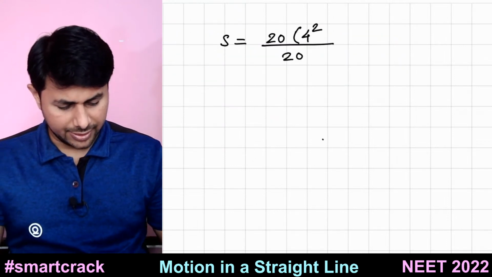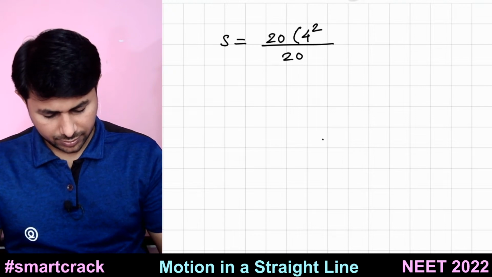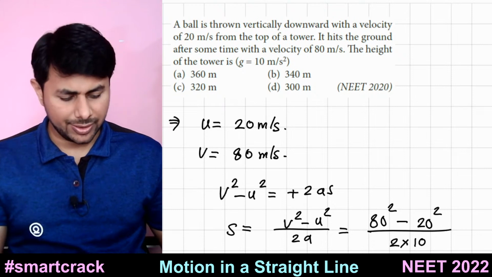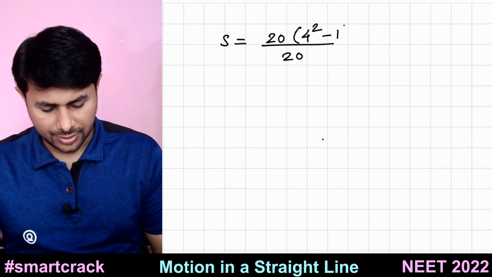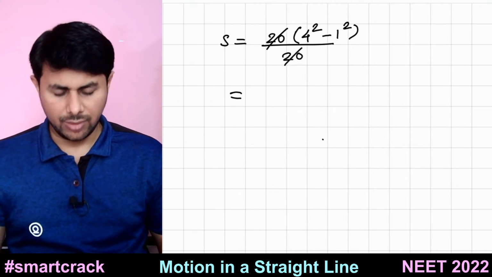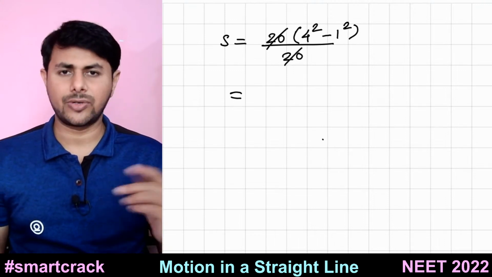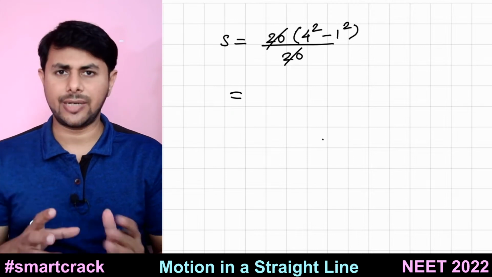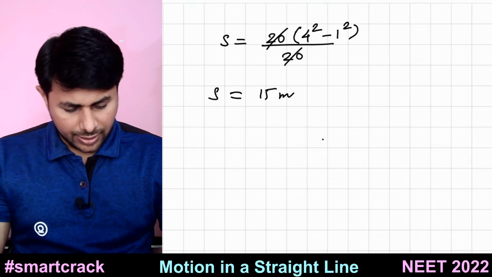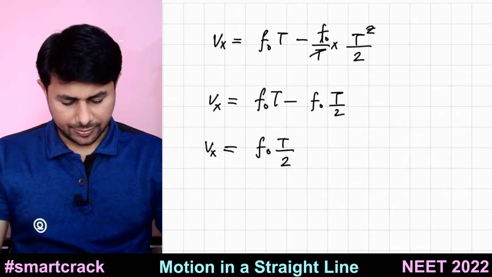And from the second term, it is 20 square, and I'm taking 20 common, so I'm left with 1 square. So minus 1 square. 4 square is 16, minus 1 square is 1. So 16 minus 1 is 15. So answer is 15 meters.